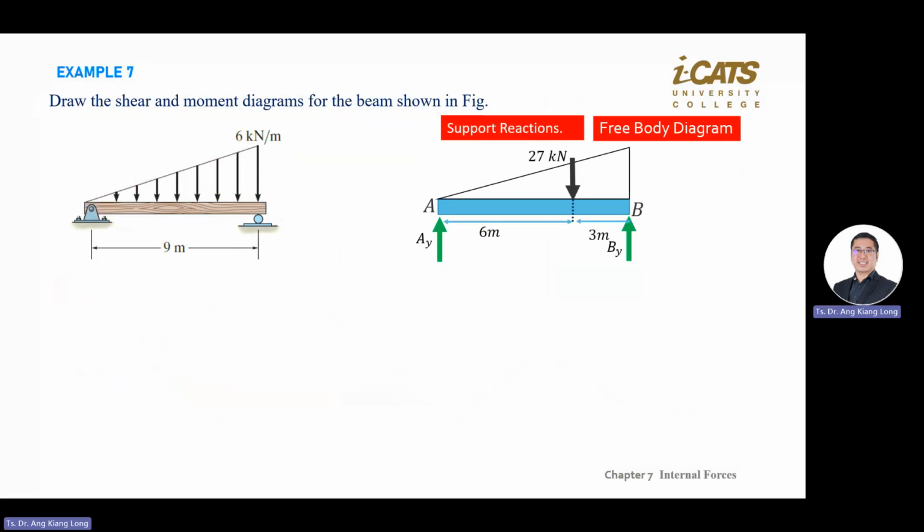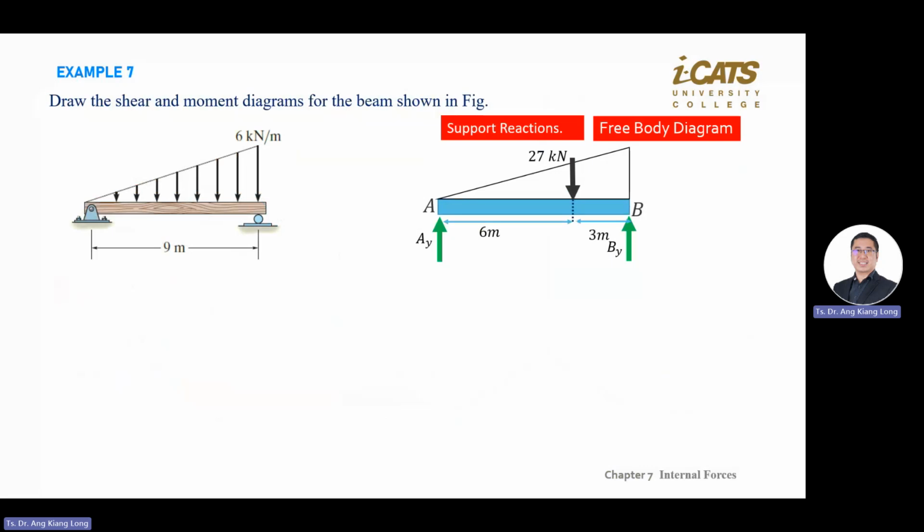In the diagram, my question is, why do I need to split into 6 and 3? Those with diploma, why? Yesterday, on Monday, we did discuss, right?